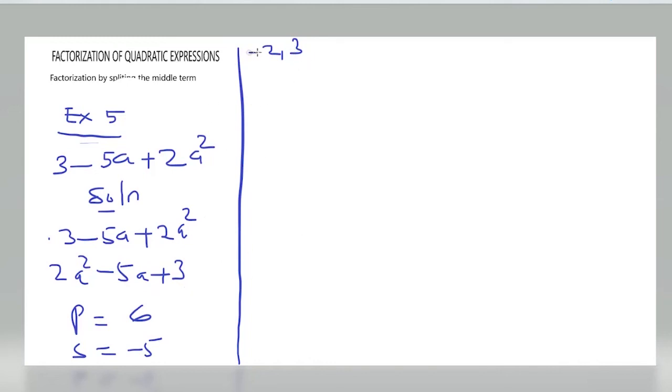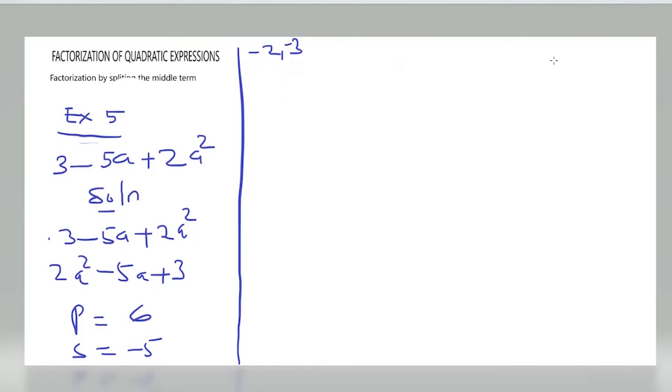And what if I add negative 2? Then negative 2 plus 3 is positive 1, not negative 5. Now what if I add negative 3? Now this one will become negative 2 plus negative 3 is equal to negative 5. Now when you split the negative 5a, you're going to have negative 2a plus negative 3a.